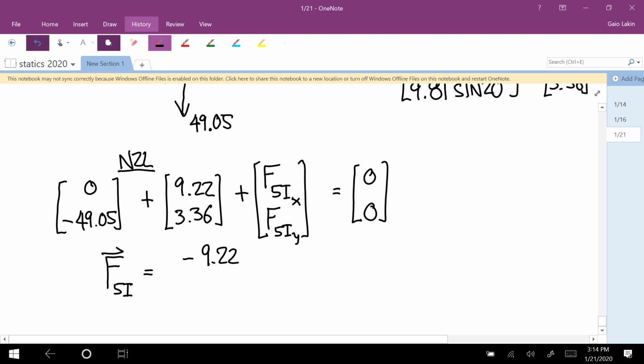And the y is positive 45.69. And so that's the force vector that the incline applies to the block.